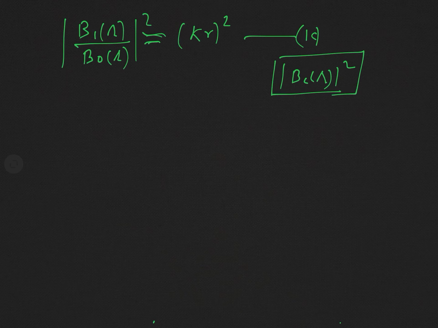So to know which type of scattering will be most probable, we have to find the ratio of the squares of the modulus, not the simple ratio. And this is why we have calculated the ratio of the squares of these two radial wave functions.